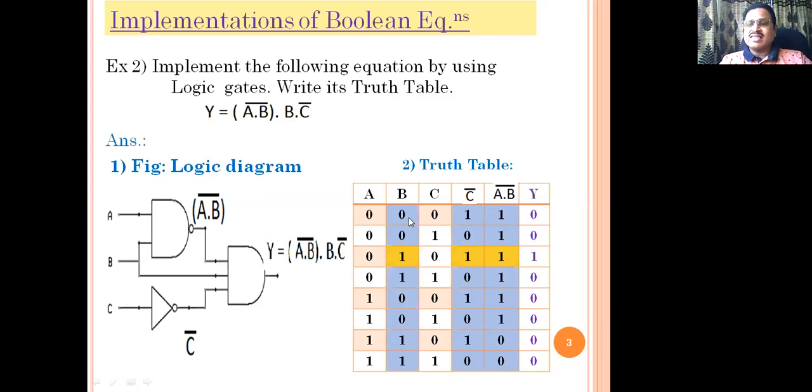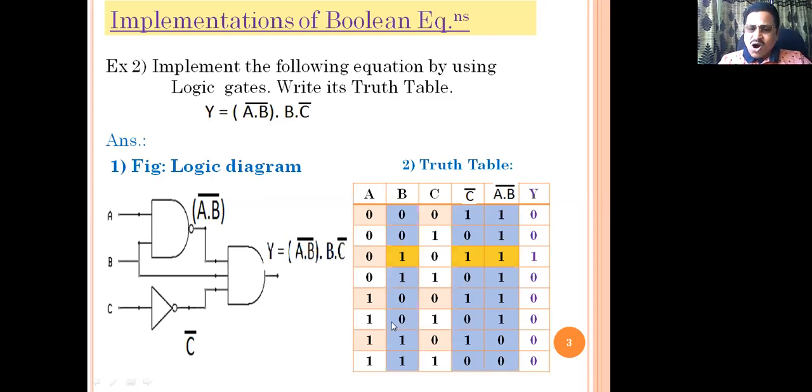We know that in the case of an AND gate, output goes high only when all inputs are at high, or logic 1 level. See here, in the first case, 0, 1, 1: one input is 0, so the output of the AND gate is 0. Then for the second case 0, 0, 1, again two inputs are 0, so the output goes 0. But for the third combination of inputs (A and B)bar, B and C bar, all three inputs are 1, 1, 1, therefore the resultant output of the AND gate will be 1.